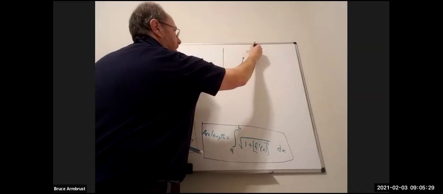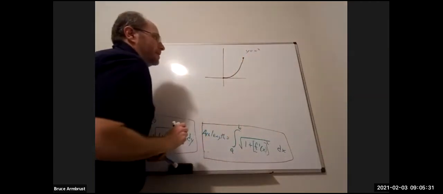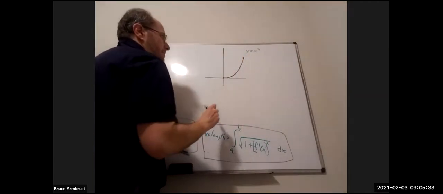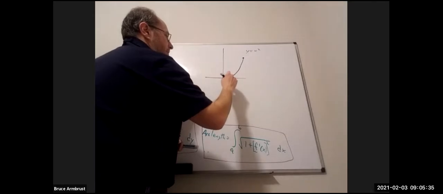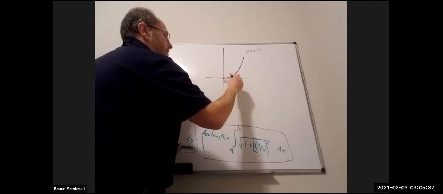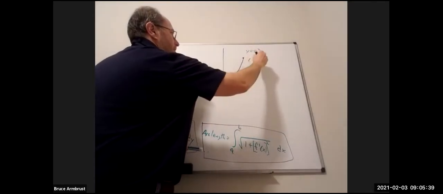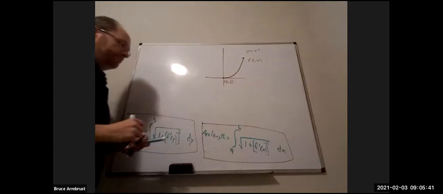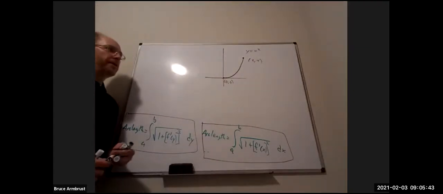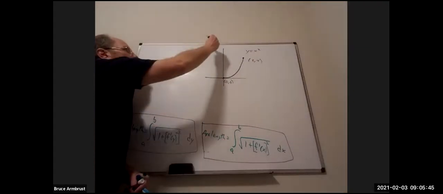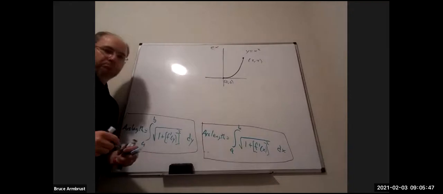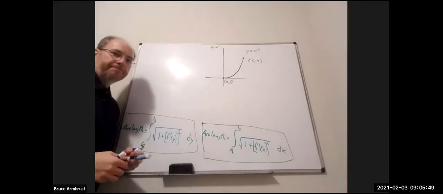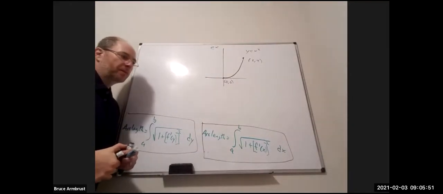So this is y equals x squared, and we're going to go from (0, 0) to (2, 4). I want to figure out its arc length. Easy enough, no big deal.